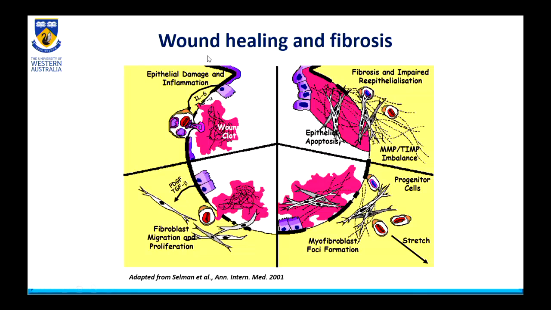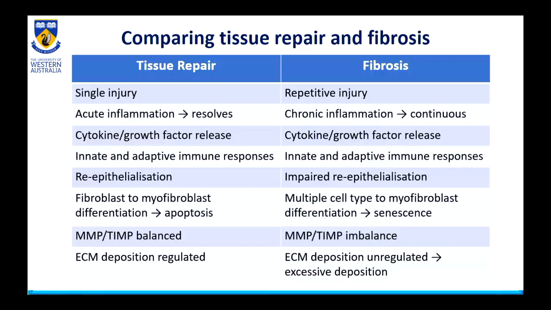Normally these would be in balance. And then you get epithelial apoptosis. Cells keep dying, and you don't get re-epithelialization in fibrosis, where you do in normal repair. So as you can see, wound healing and fibrosis follow very similar mechanisms. It's just that the mechanisms to turn it off don't occur in fibrosis.